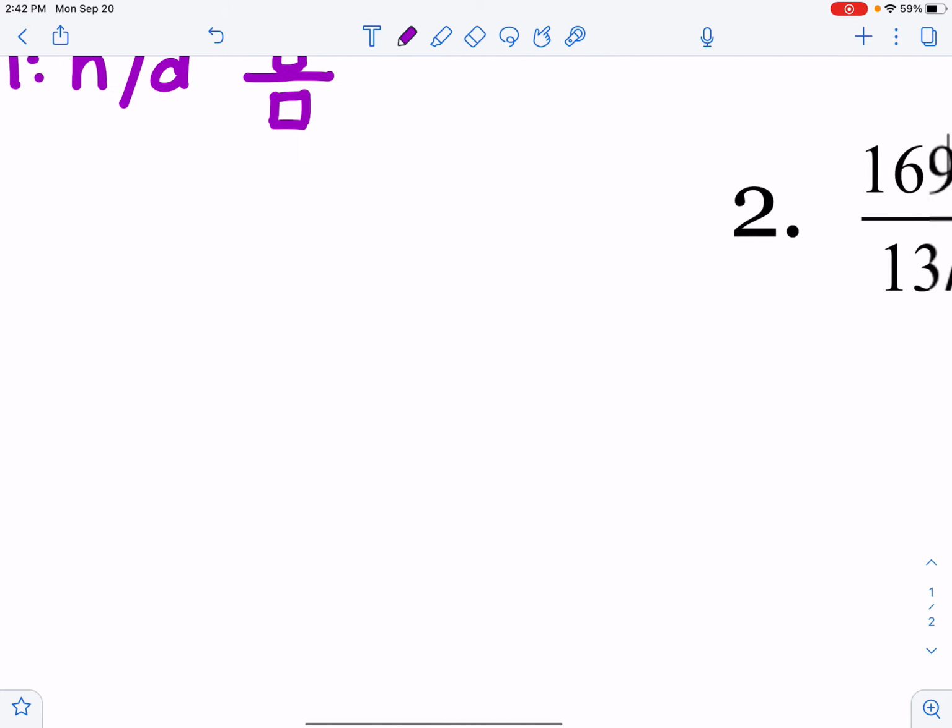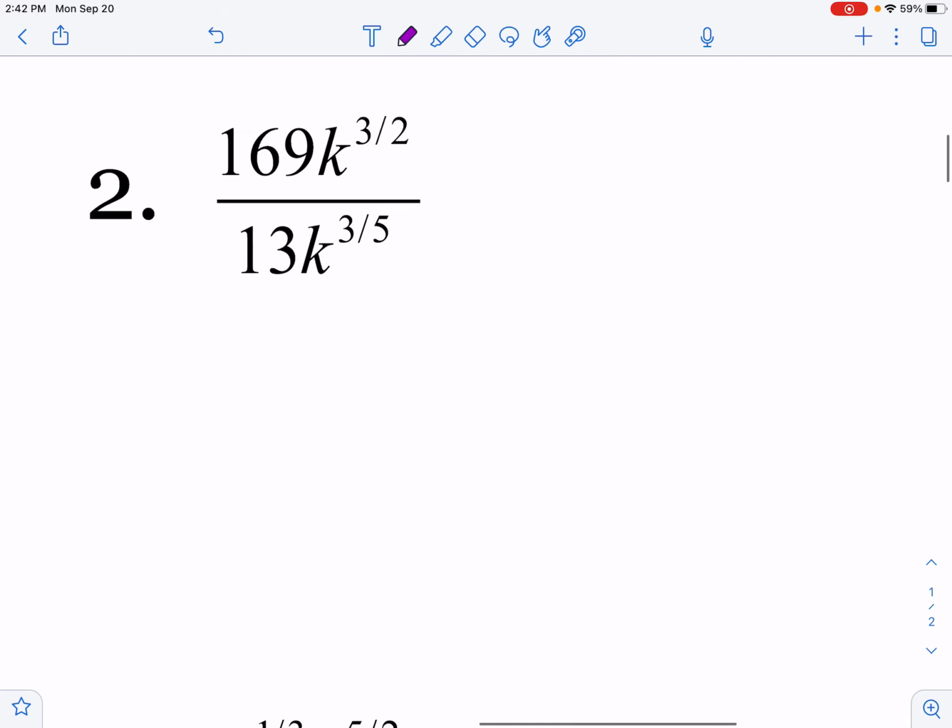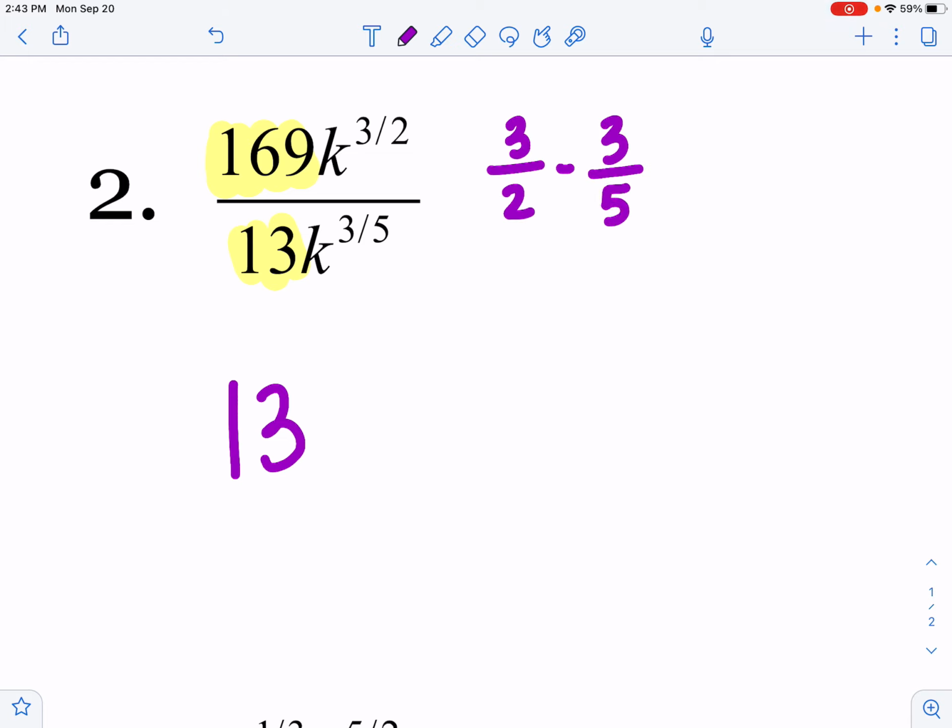Continuing on with number 2, using a different law of exponents, I'm going to start with my coefficients. So I have 169 divided by 13, which is 13. And when I have two things with the same base and I am dividing, I'm going to subtract those exponents. Option number 1, you can go to alpha y equals on that calculator.